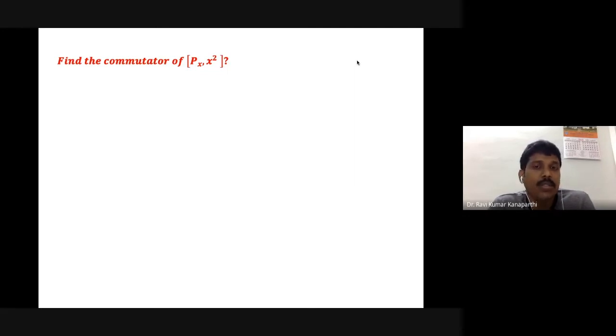If I ask you to evaluate the commutator, what is the answer? We have just done the commutator of px and x. Now, instead of x, we have x square. So what could be the answer? Any guess?